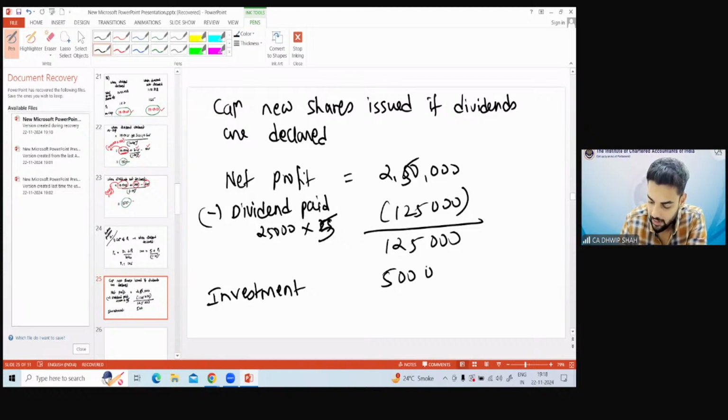And I need investment of rupees 5 lakh. So again, can I say balance to be raised through equity?